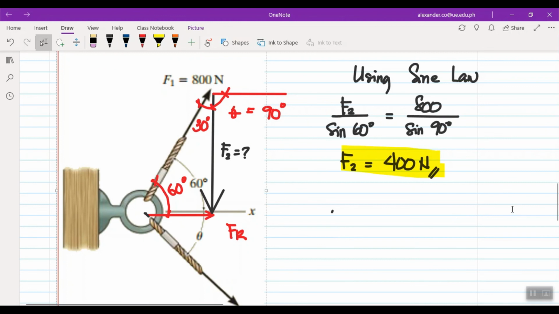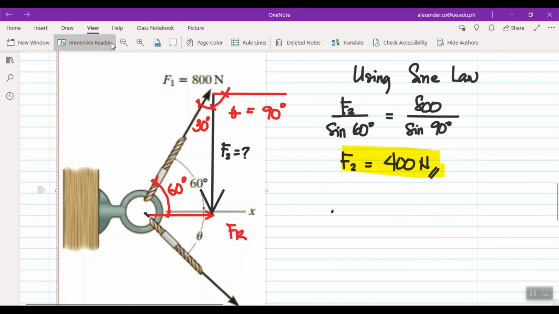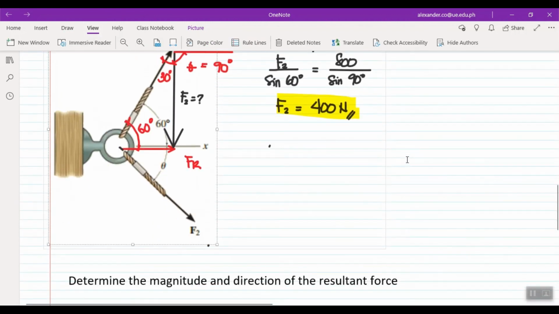F sub R mas maliit sa F sub 2, di ba? Computein natin. Wala akong solution yan eh. Liitan natin para magkaroon tayo ng space. Huwag nyo muna intindihin nakasulat sa baba.